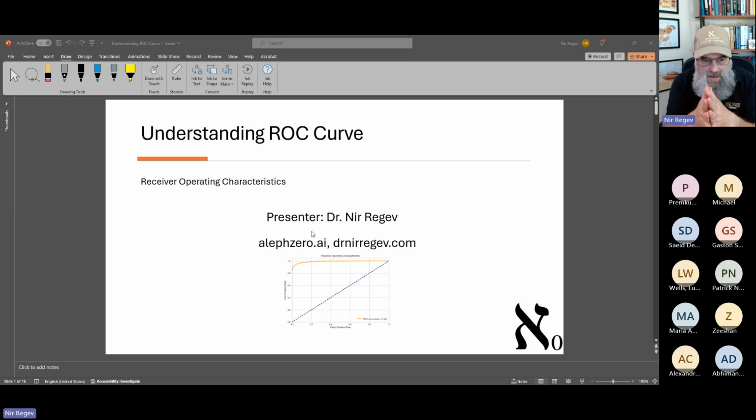We'll also delve into the significance of the area under the ROC curve, what we call, in short, the area under the curve, or AUC, and learn how to interpret various shapes of the ROC curves to gain a deeper understanding of the model performance. We won't stop there.